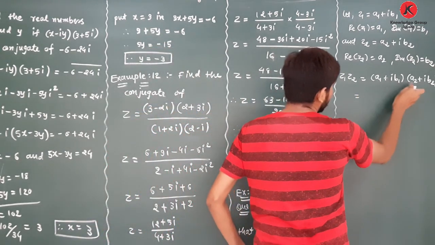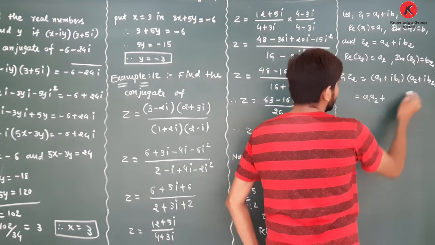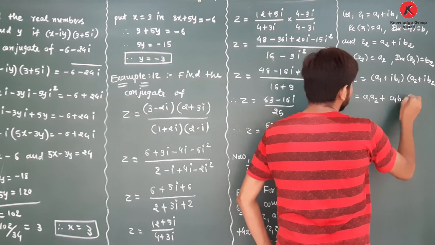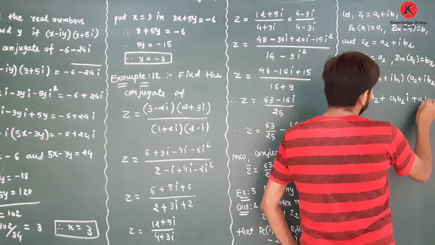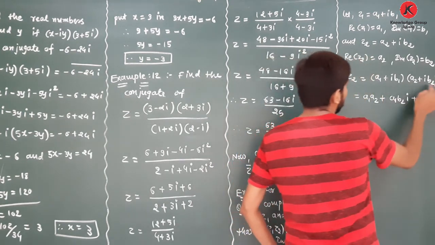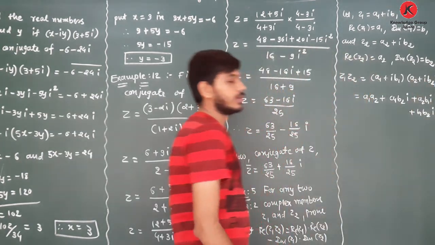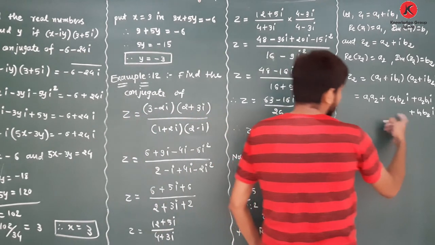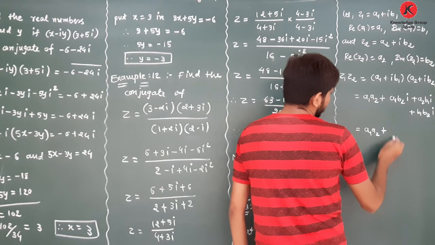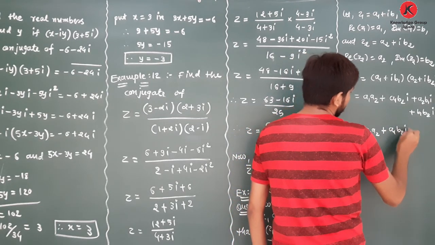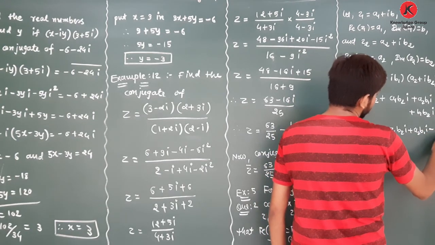We are getting a1 into a2 plus a1 into b2i plus a2 into b1i plus b1 b2 i square. So i square is equal to minus 1. We know that.